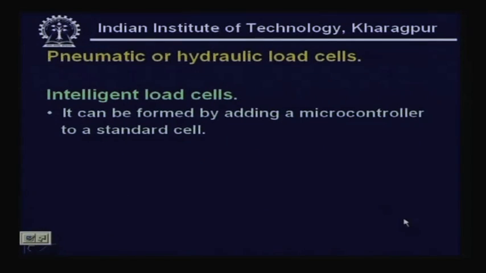In many cases in instrumentation, you will find we use microcontrollers. A microcontroller is nothing but a microprocessor with some additional peripheral chips built in. It is some sort of embedded system also, because those peripheral chips are there.